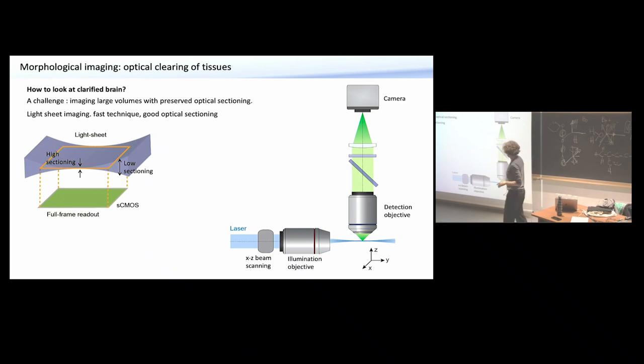If you focalize your light sheet, you see that you still have some divergence of the beam, even if the numerical aperture is low, so the angle of the beam is low. Still, it will diverge. What you see on the border of the field of view is that the beam has diverged, and the resolution and the optical sectioning will be low.